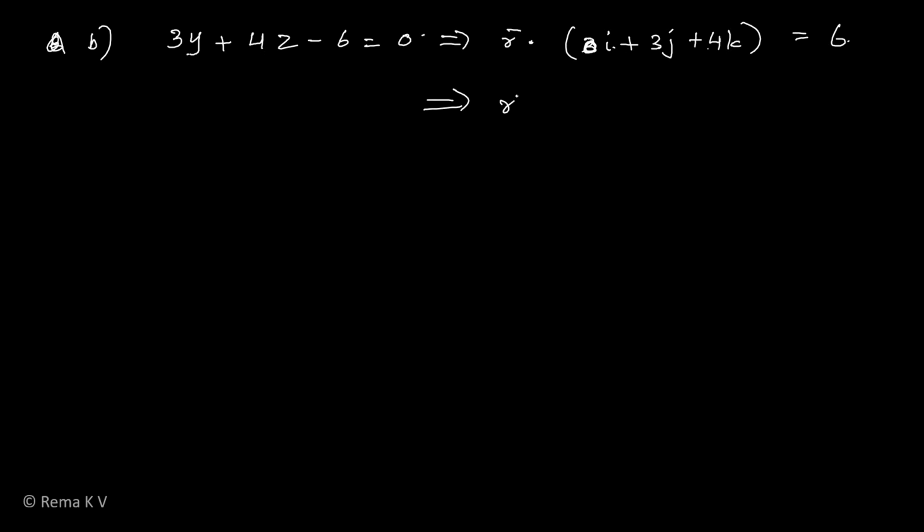This is not a unit vector, so we have to divide it by root of 3 square plus 4 square. So you can write this as r dot 0i plus 3j plus 4k divided by 5, magnitude is 5, which is equal to 6 by 5.